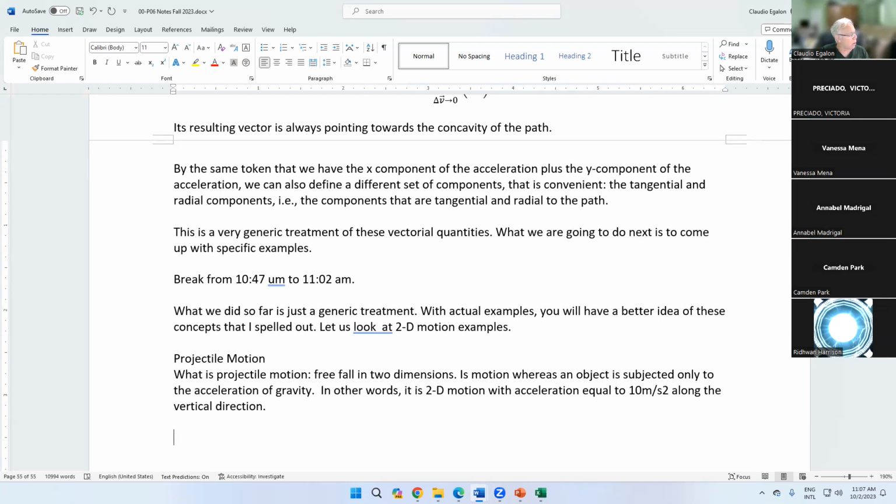That's how projectile motion is defined in this chapter.